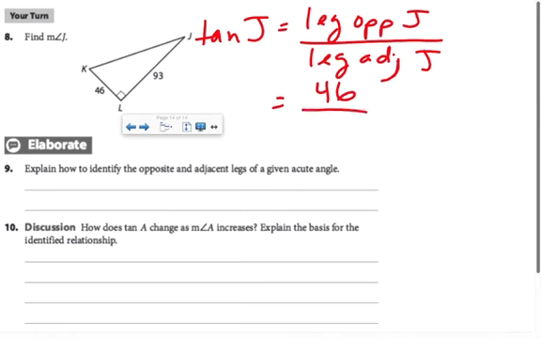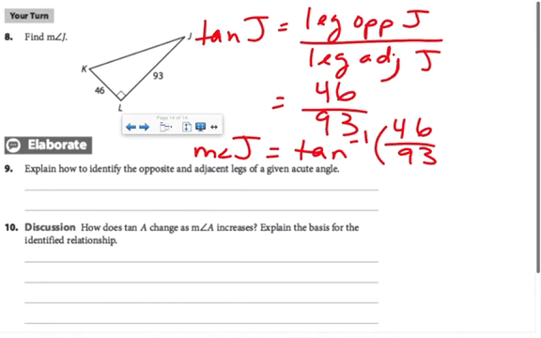Adjacent to angle J, we have 93. So that means that the measure of angle J equals the inverse tangent of 46 over 93, which is approximately 26 degrees.